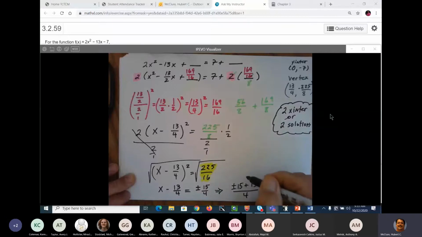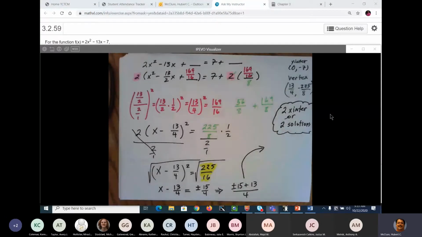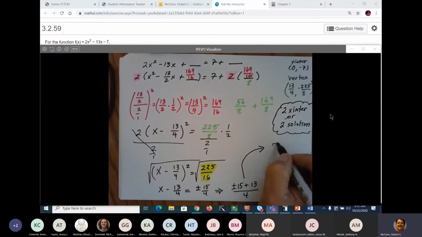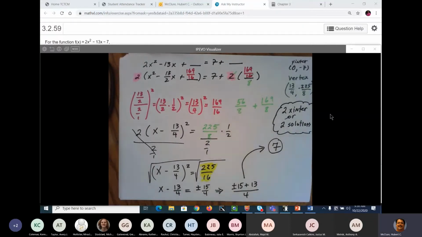That's going to give us our x-intercepts. 15 plus 13 is 28. 28 divided by 4 is 7. So that's one x-intercept. Negative 15 plus 13 is negative 2, and negative 2 over 4 is negative 1/2. So there's your x-intercepts.